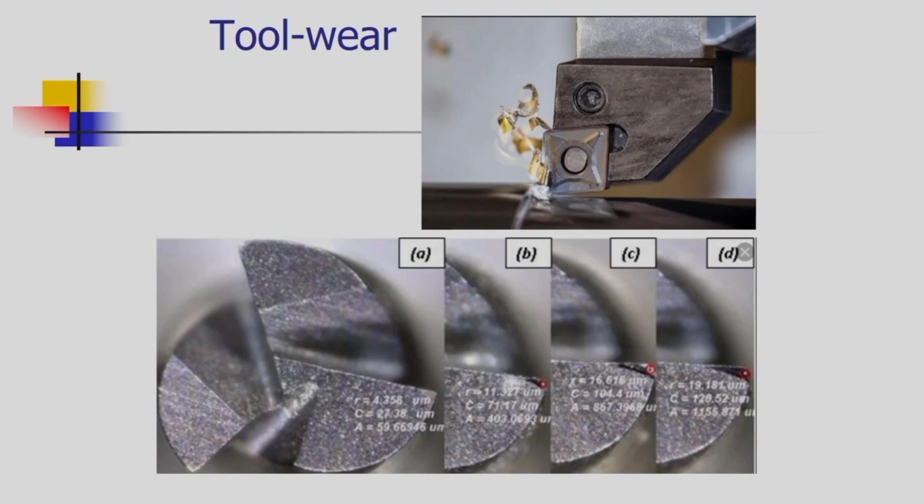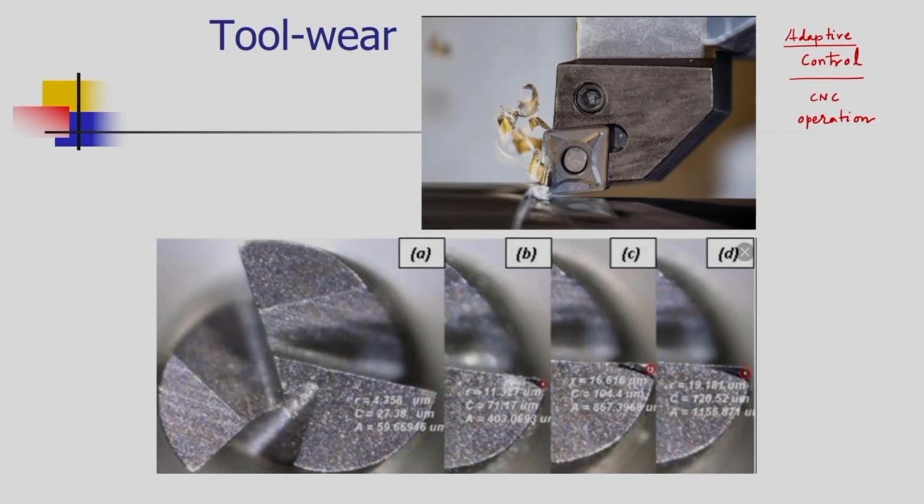Some advanced concepts are coming in CNC machine tools. These are adaptive control, the usage of adaptive control technology in CNC operation. So, what is the meaning of adaptive control?